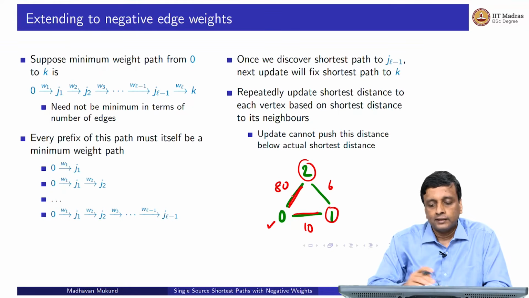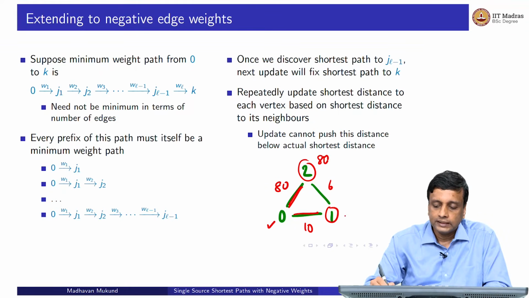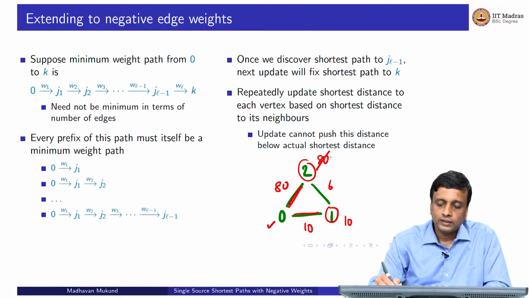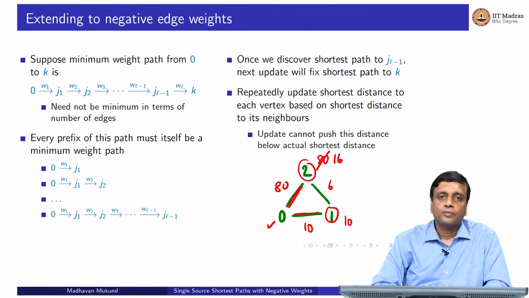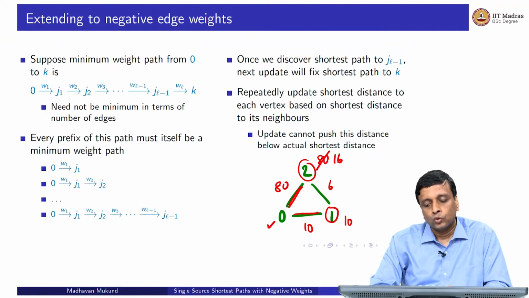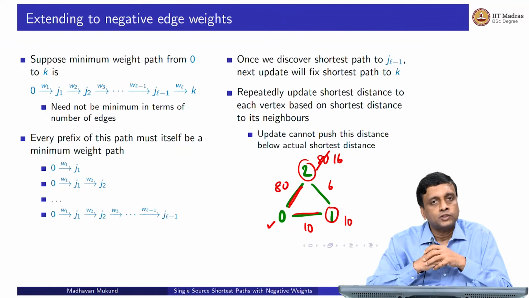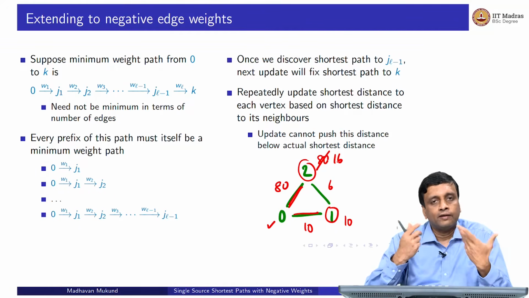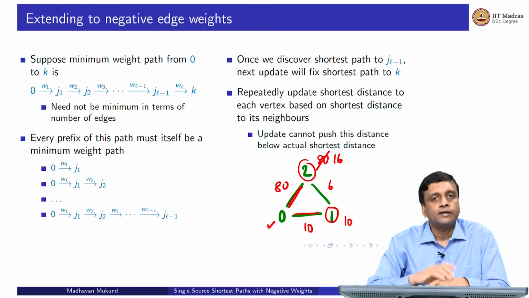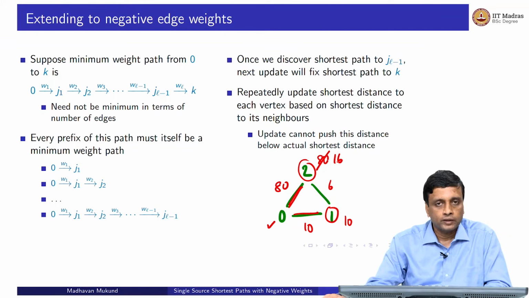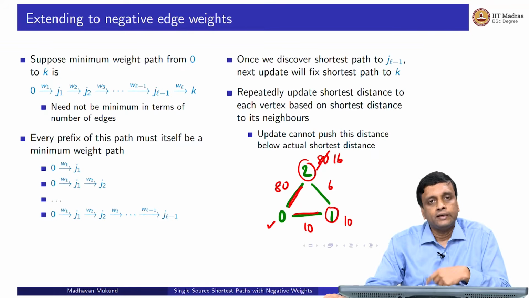Now, if I look at path lengths 2, then this 80 becomes 16. So, the fact that there is a shortest path of length 2 to vertex 2 gets discovered after I find the shortest paths of length 1. So, in general, if I have a shortest path of length L, this will be discovered after I find the shortest paths of length L minus 1, and that is what we are going to do by iteratively updating.